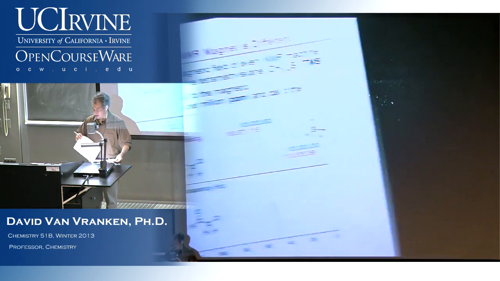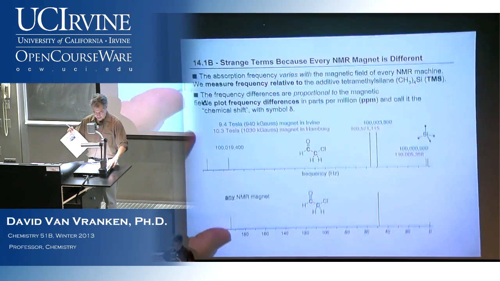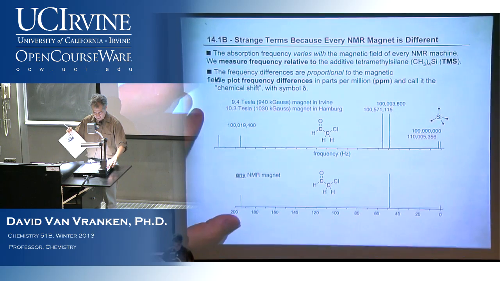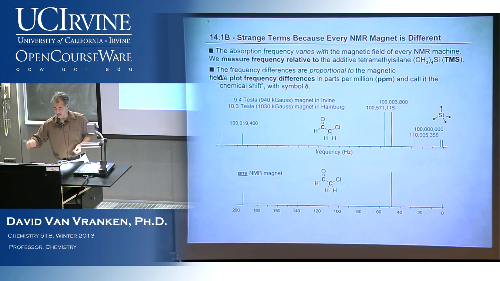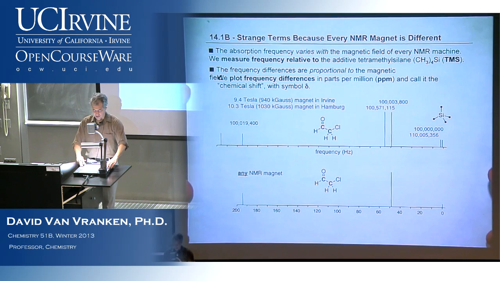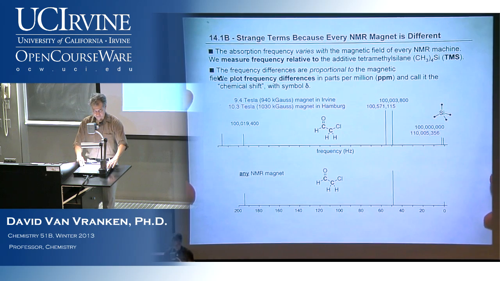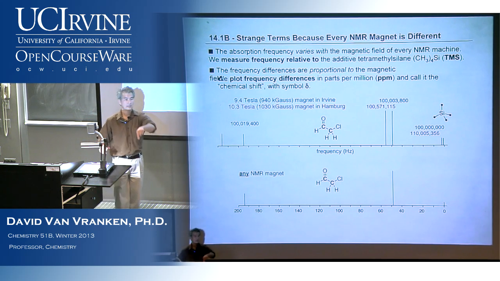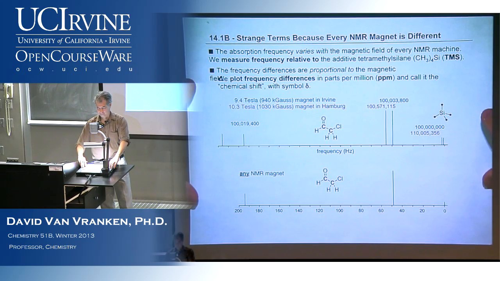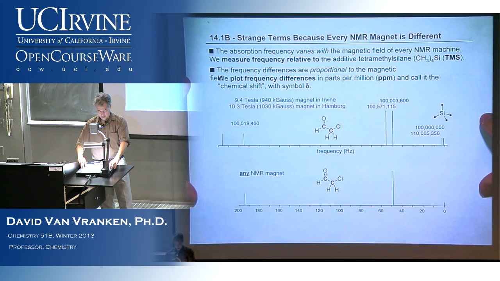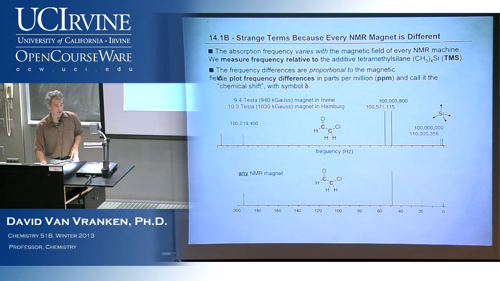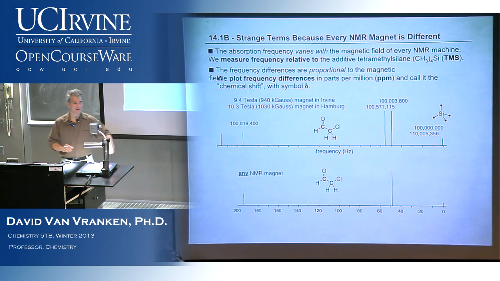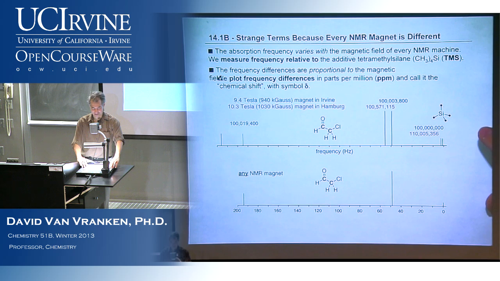And so let's see how that creates complications for the NMR experiment and how the community has had to deal with them and why you're never going to see a spectrum that uses frequency for the x-axis. Yes? Is there a reason why two spectrometers don't feel the same? So the question is, is there a reason why spectrometers don't have exactly the same frequency? I'm sure it's an engineering issue, and I'm not competent to comment on why they can't make them exactly the same.